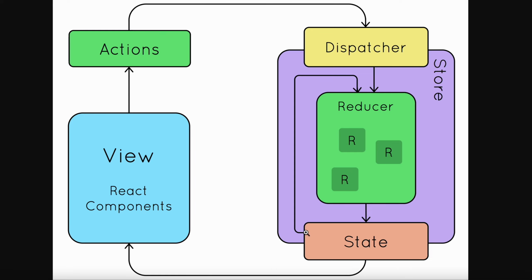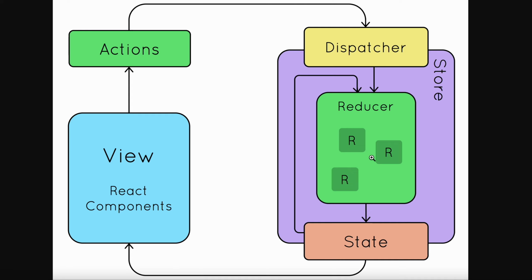Another concept that is quite simple to understand is the state. The store makes it possible for you to share your state throughout the app. Whatever logic you've set up, you normally set up in the reducers, that's why they are within the store.